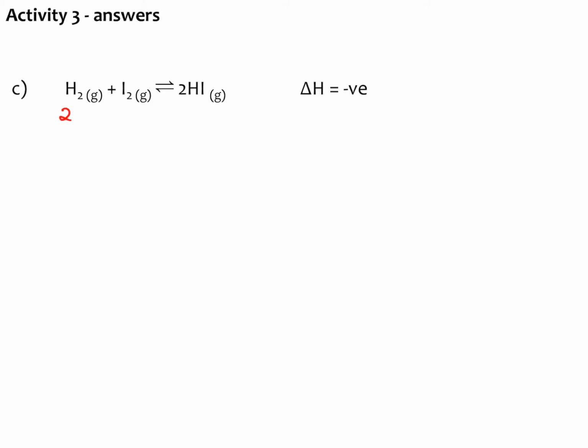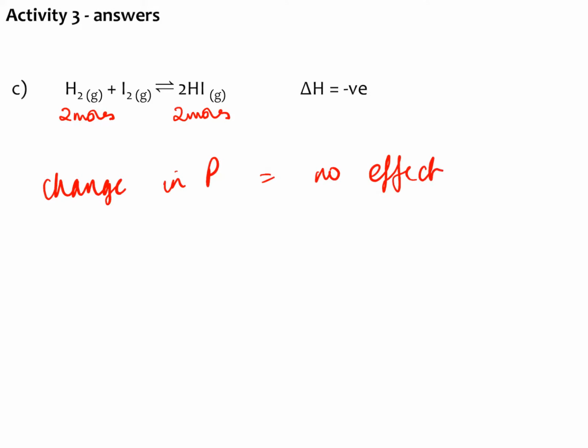For C, we have 2 moles of gas on the left hand side and we have 2 moles of gas on the right hand side. So for C, it doesn't matter what pressure we use. Change in pressure has no effect. When it comes to the temperature, this is the same as A. We have a negative enthalpy change, which means we have an exothermic reaction in the forwards direction.